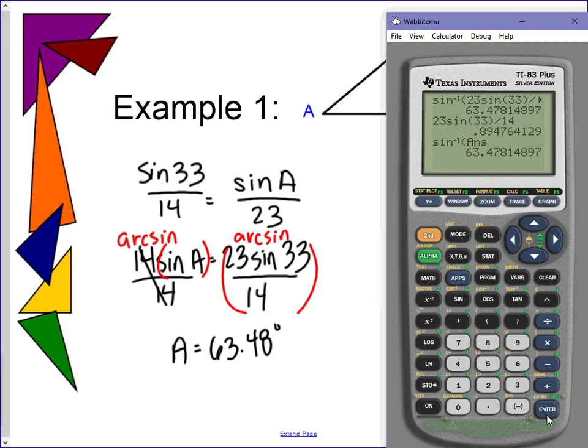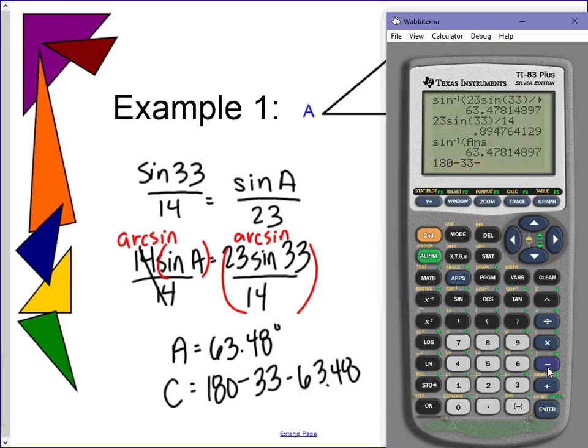If you know that A is 63.48, you can now find angle C. So you just do 180 minus angle B, which was 33, minus angle A, which is 63.48. I can type that into my calculator. I'm going to do 180 minus 33.